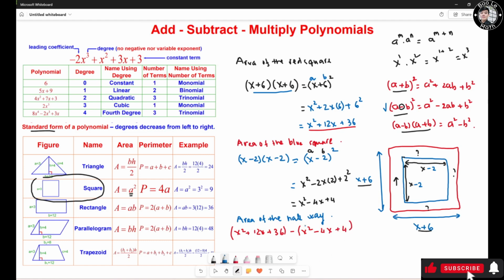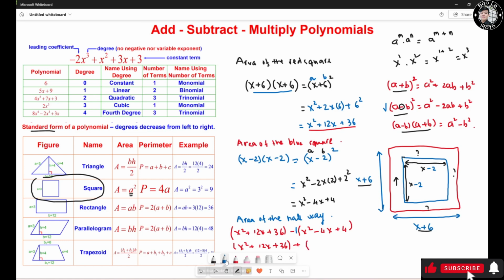So you need to distribute the negative sign right here first. I put 1 right here. Distribute negative 1. So I just rewrite the first one, s squared plus 12s plus 36. When you distribute the negative sign, the sign outside must be positive. So keep that in mind.